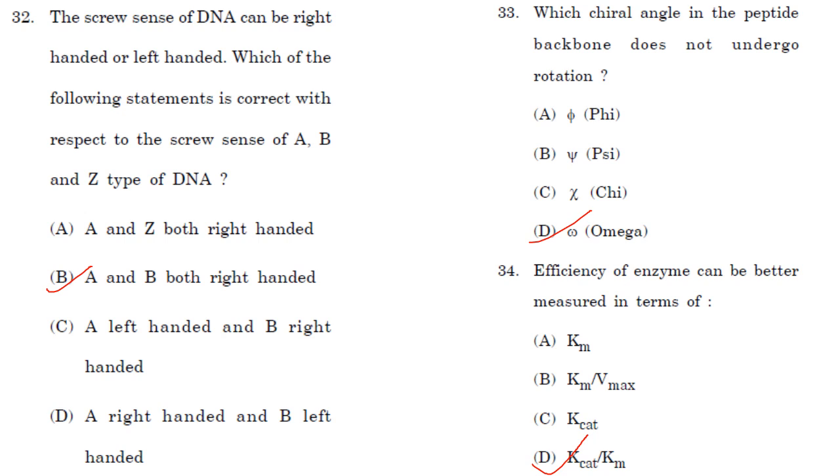The screw sense of DNA can be right-handed or left-handed. Which of the following statements is correct with respect to the screw sense of A, B and Z type DNA? So A is right-handed, B is also right-handed, Z is left-handed. Now read the options. A and Z both are right-handed? No. A and B both are right-handed? Yes. B is correct.